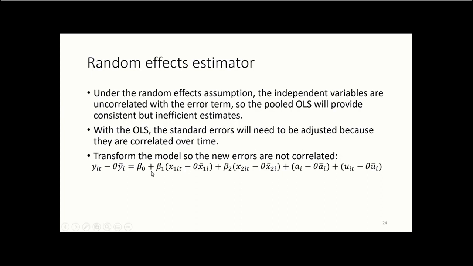So here, this looks almost like the within estimator or the fixed effects estimator. The only thing is that instead of having y_it minus y_i bar, we have this theta here multiplied by the average here. So otherwise, if we didn't have the theta, we would have exactly the within estimator.